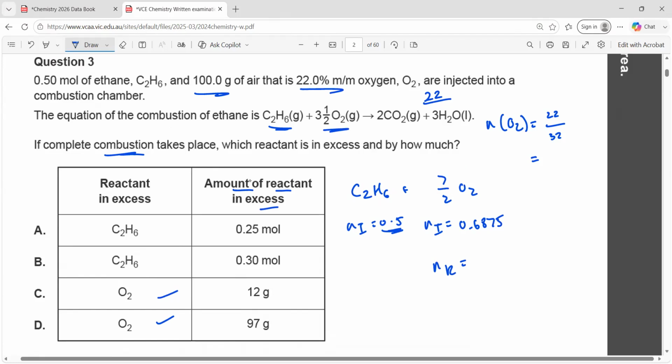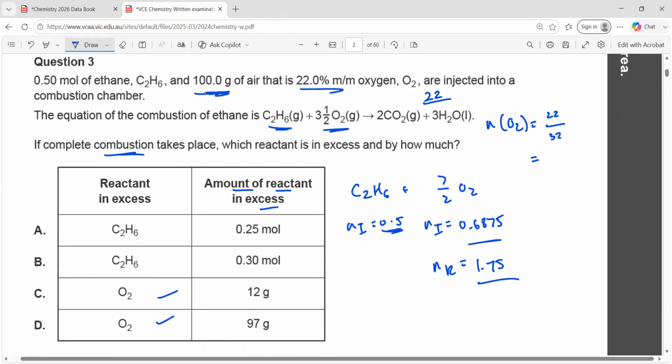So what's 0.5 times 3.5? It's 1.75. That's not in excess, is it? What have I done wrong? 0.5 times 7/2, 1.75. I've done something wrong here, definitely.